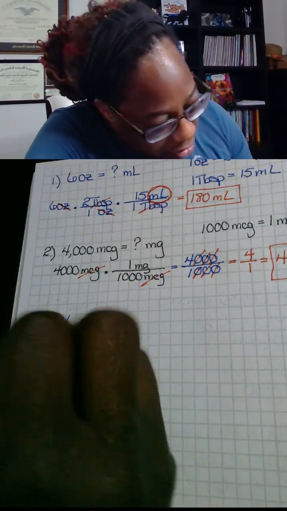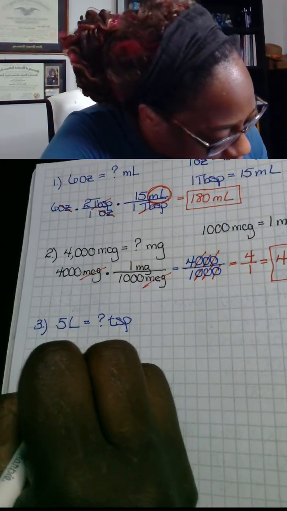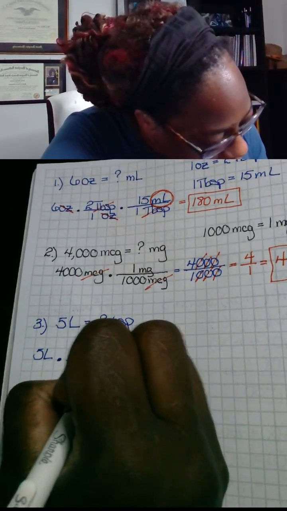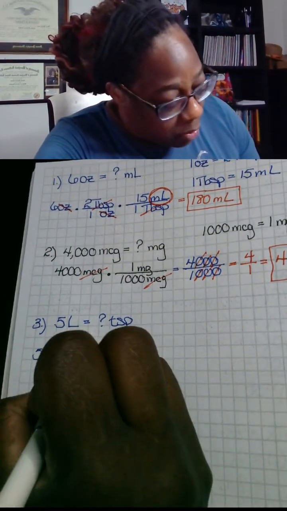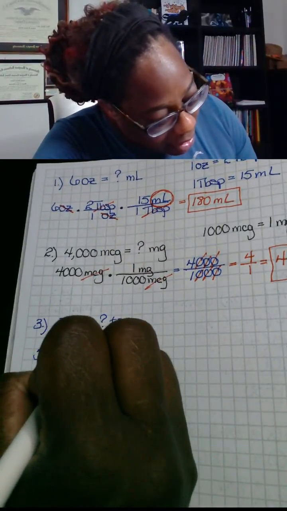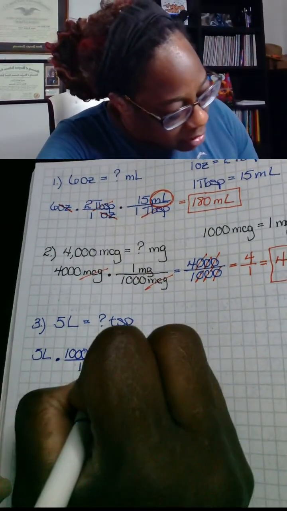All right. So we have from liters. Let's break it down this way. Let's go from liters to milliliters, because since we're going from large to small, let's do what we know. So we know we got 1 liter, and we have 1,000 milliliters.